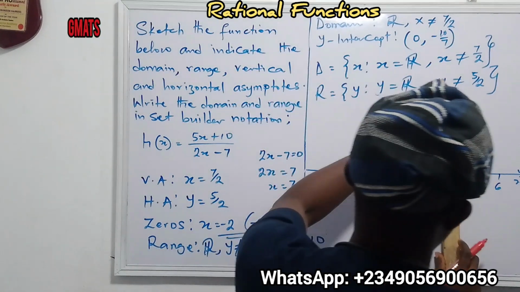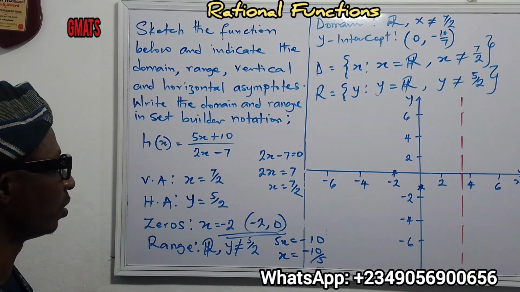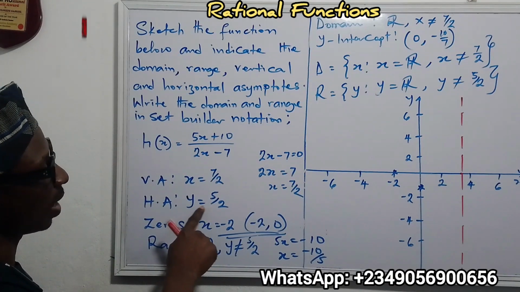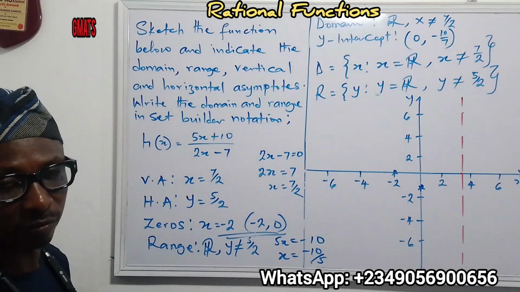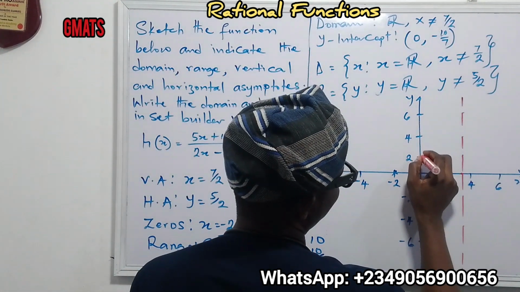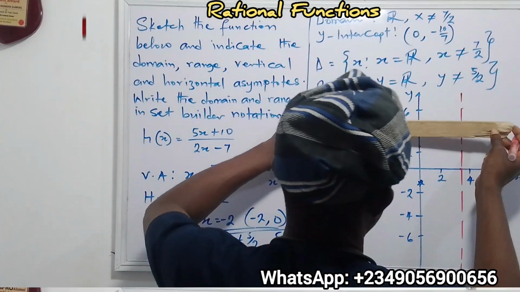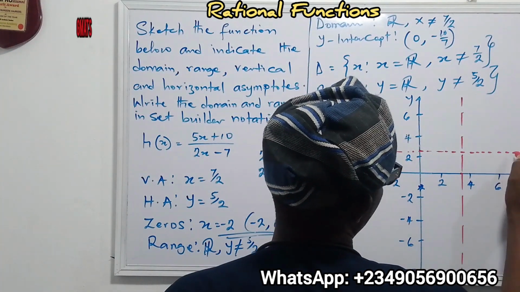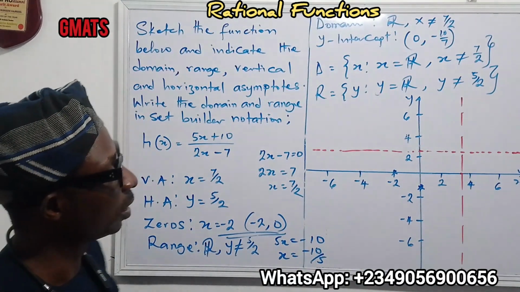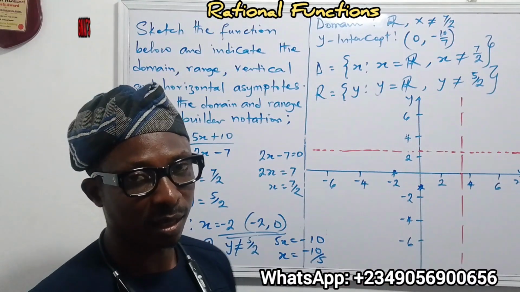Now let's look at the horizontal asymptote. That is y equals 5/2, the same thing as 2.5. So 2.5 should be around this place. Now this is the vertical, and this is the horizontal asymptote.